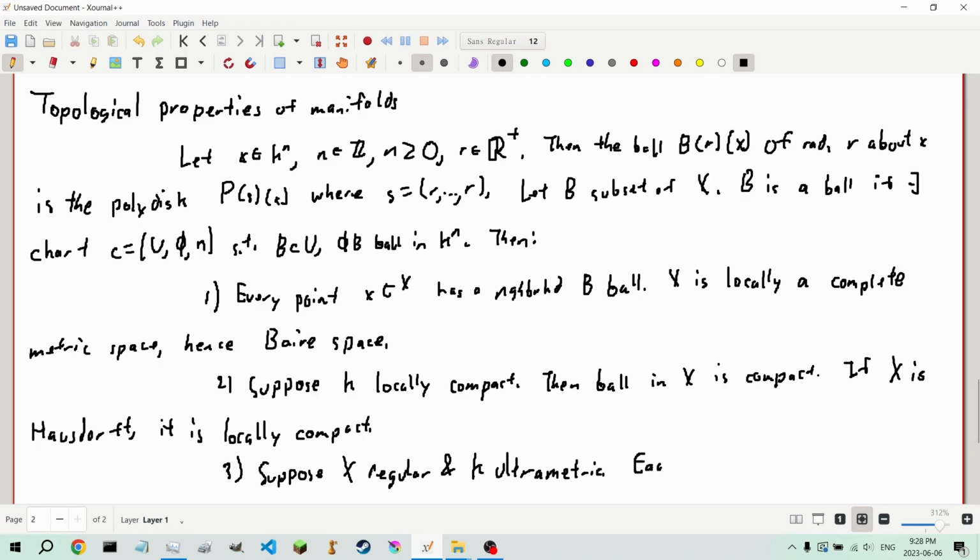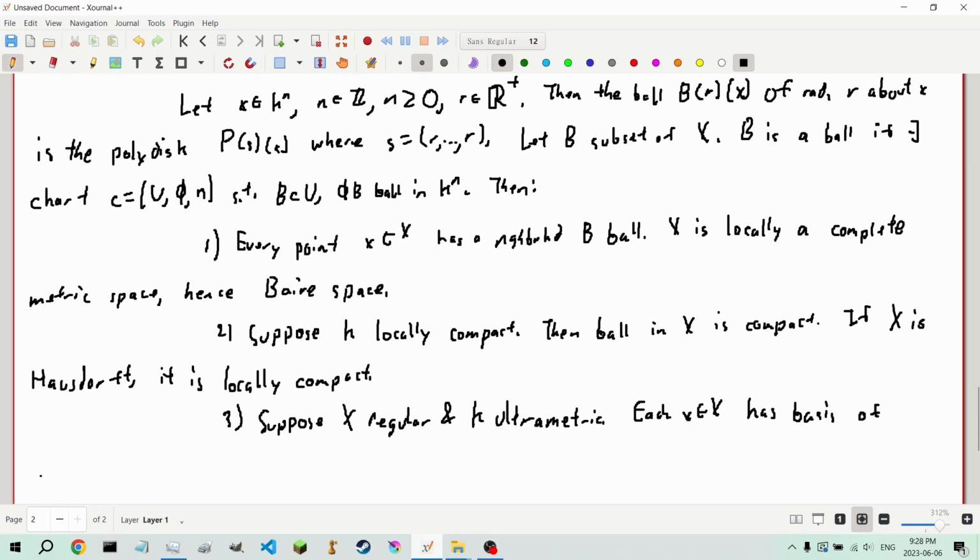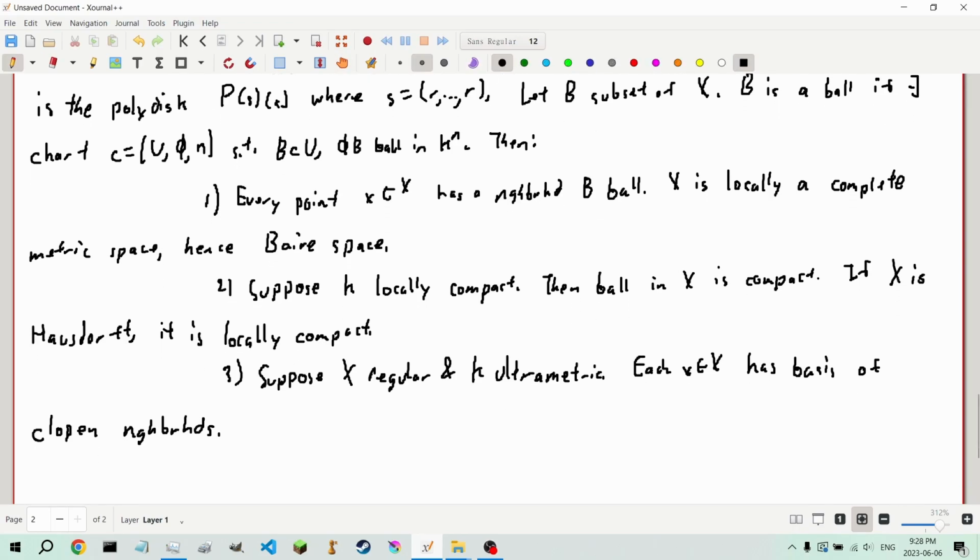Then each element x of X has a basis of clopen neighborhoods. And we should probably go ahead and verify 3, because it's a little more nuanced than the others.